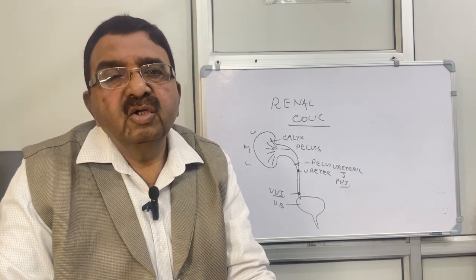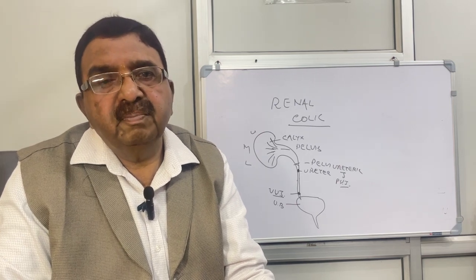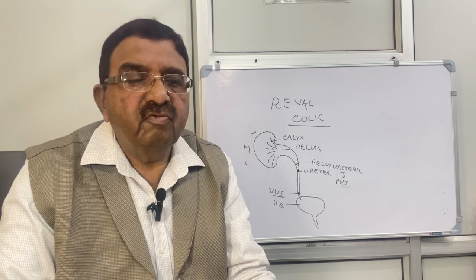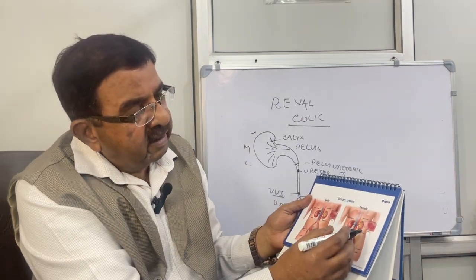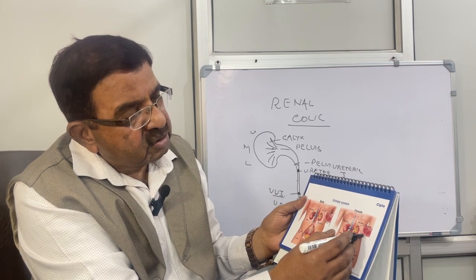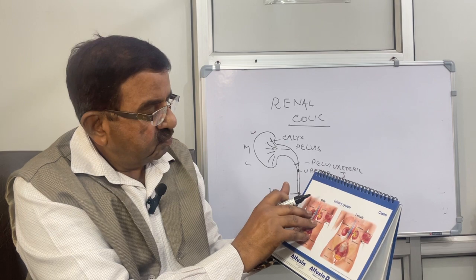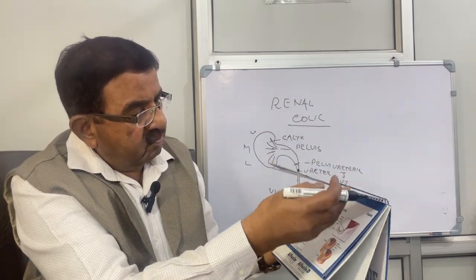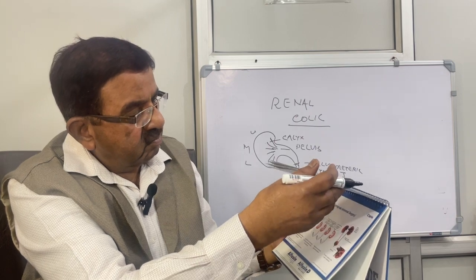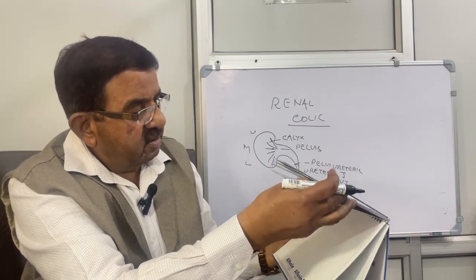Now what is the root of the pain? From where does the pain start? Costovertebral angle. As I told you, costovertebral, behind, in the posterior part of the patient.